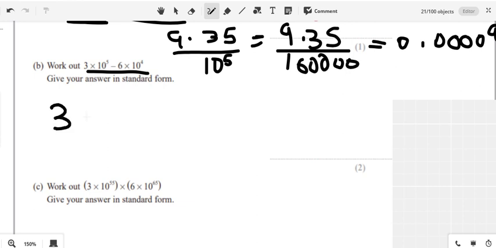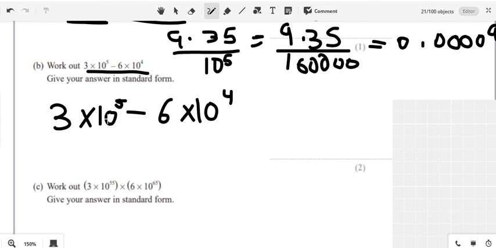So we're gonna write here 3 times 10 to the power of 5, and the minus sign there, minus 6 times 10 to the power of 4.